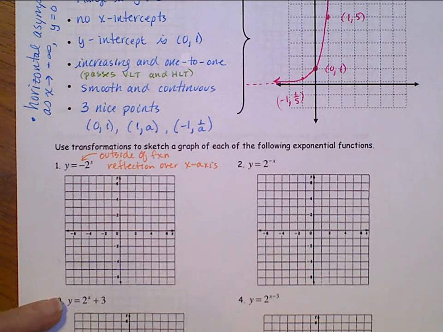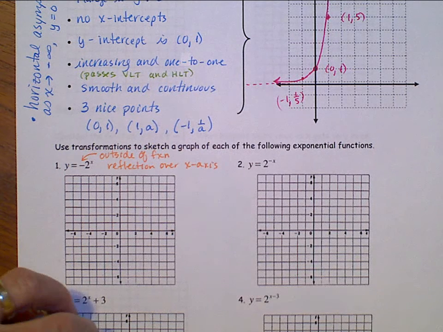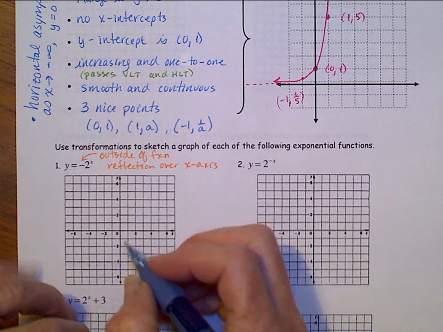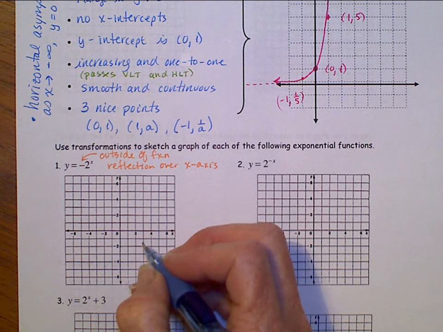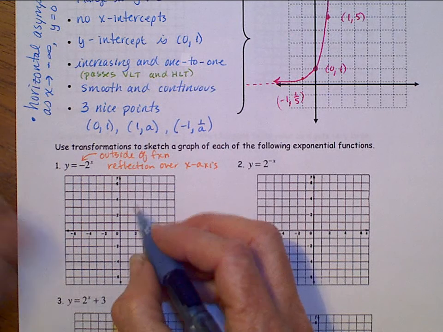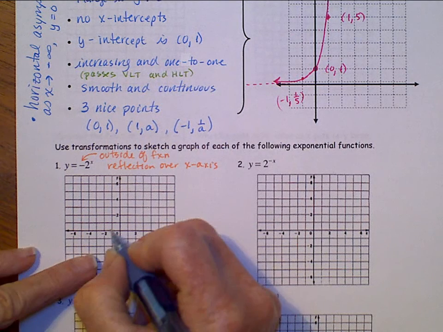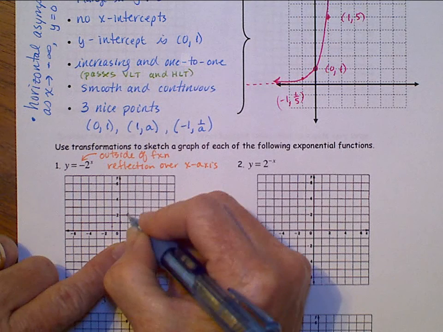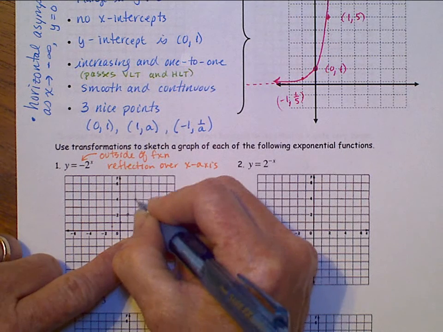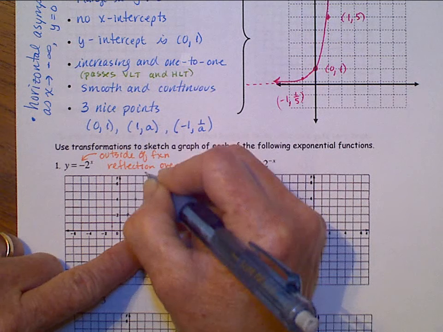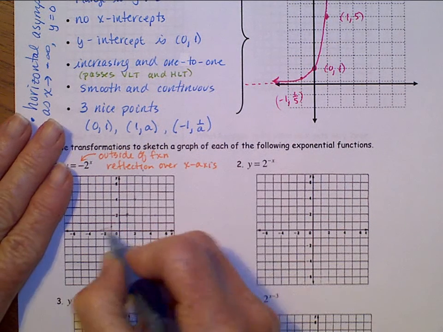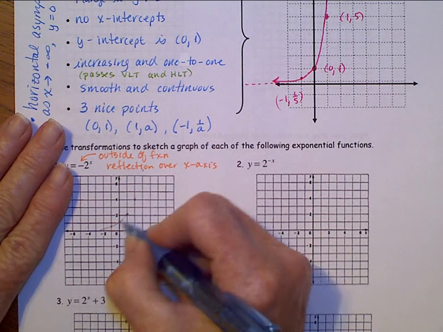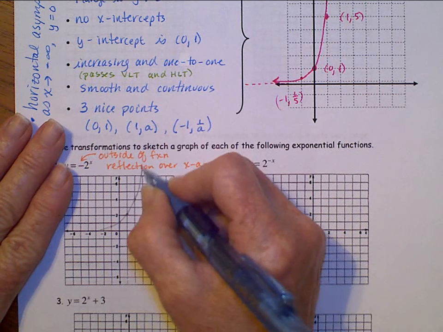All right. Now with these guys, the exponentials I think are hard to do transformations on, so I always draw the original very lightly, and I am going to do it in pencil. So 2 to the x, -1, 1/2, 0, 1, 1, 2, 2, 4, 3, 8. That's up here somewhere. There's the original.